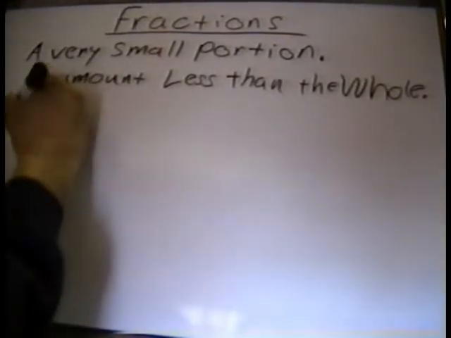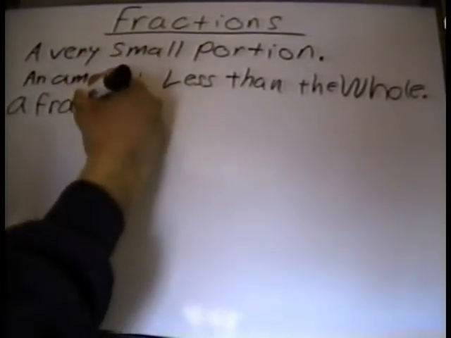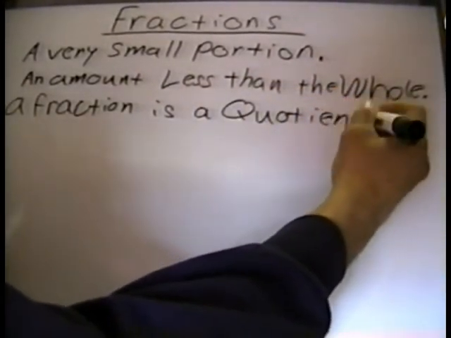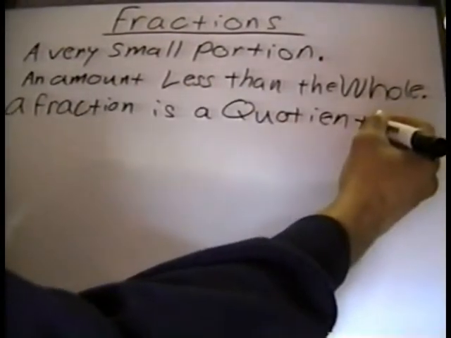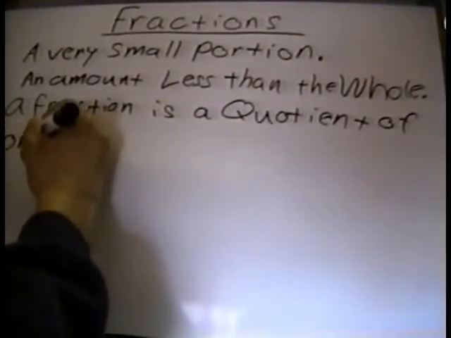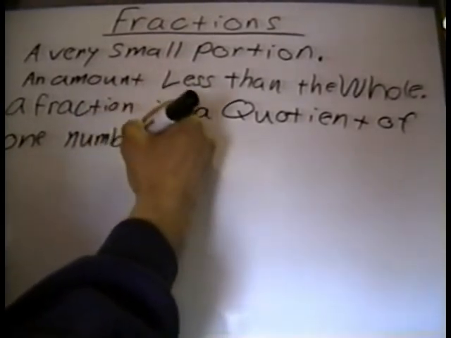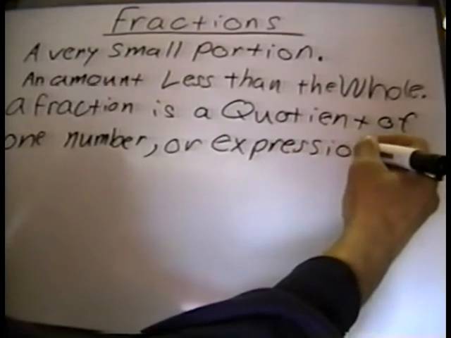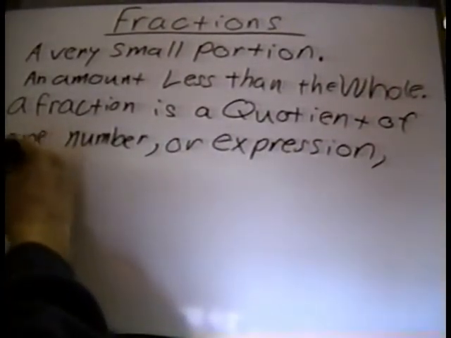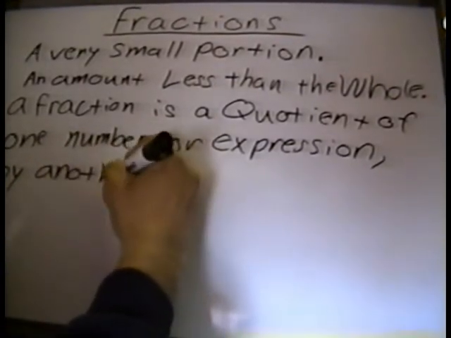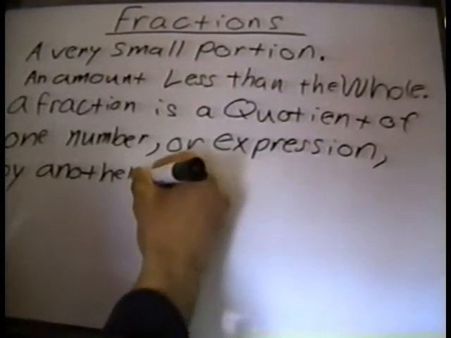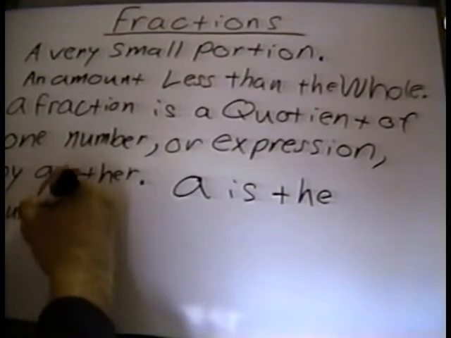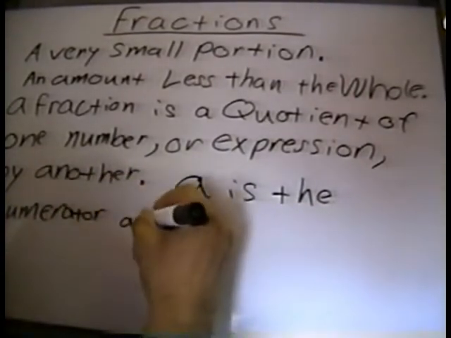We would say a fraction is a quotient of one number or expression by another, where A is the numerator and B is the denominator.